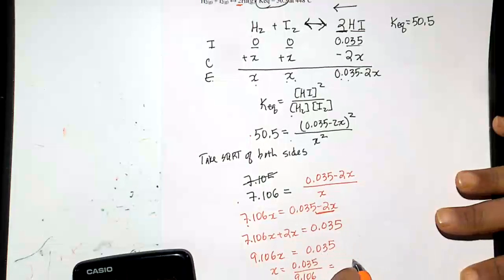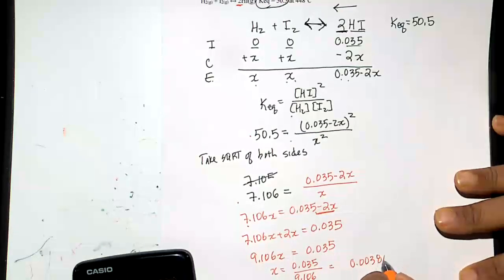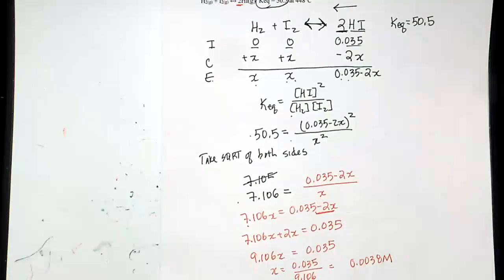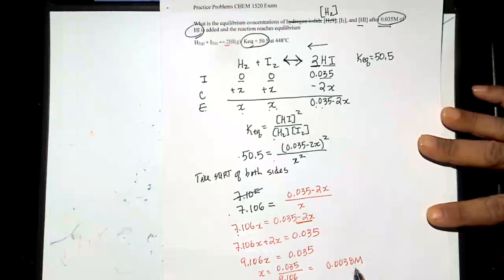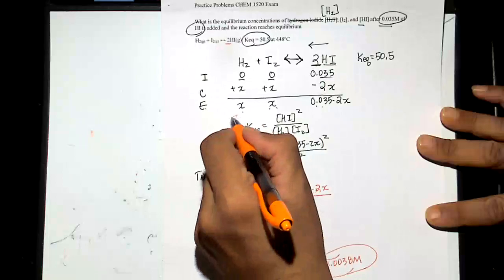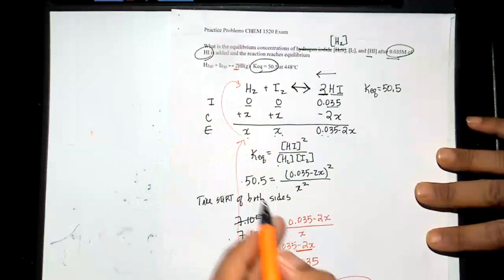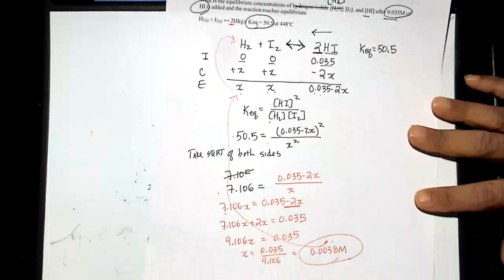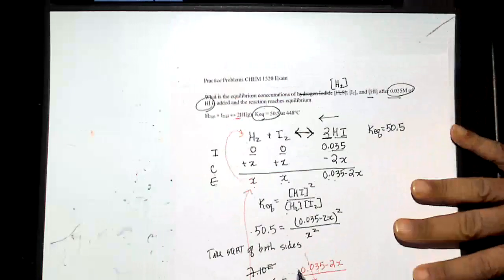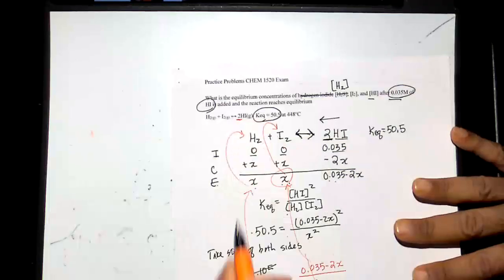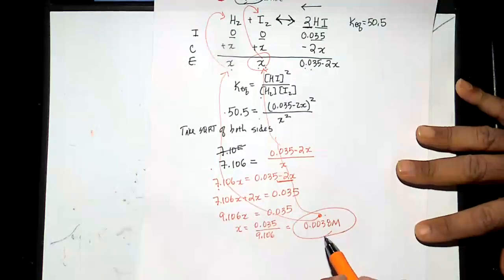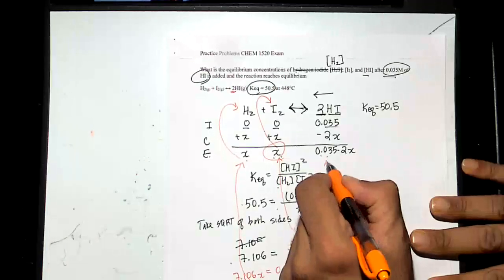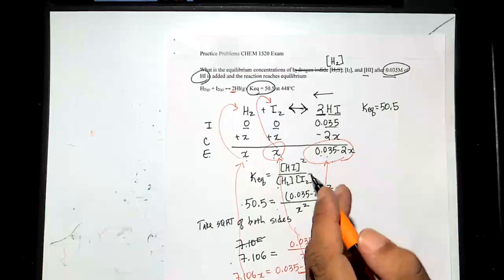Here you want to put your units of molar. We'll definitely take off points if you don't have the right units. The concentration here is molar, moles over liter. So what does this mean? This x is the concentration of H2 at equilibrium, this x is the concentration of I2 at equilibrium, and this x that we just solved for goes into the concentration of HI, 0.035 minus 2x.